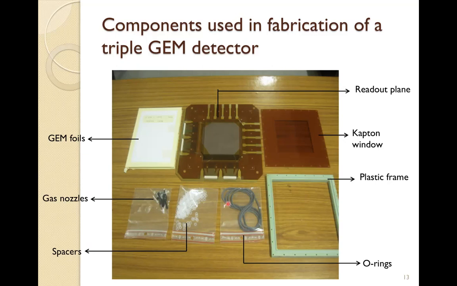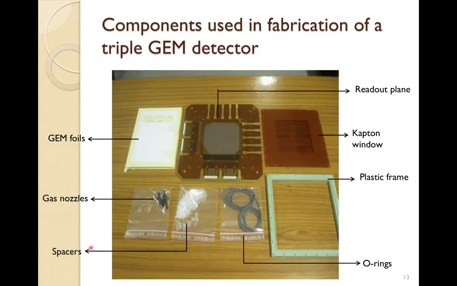Otherwise there will be a leak. So when you are joining any two hard surfaces, you need a component called a gasket. We usually use an O-ring gasket, but other gaskets are also used to build the detectors.